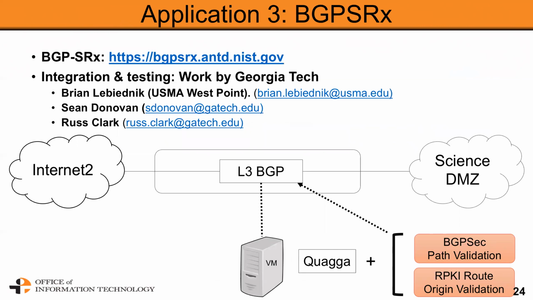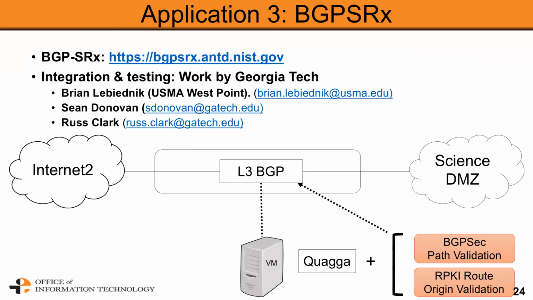All of this is open source, and you can just download it. When I saw this, I thought it was really cool because the software-defined border router we're running is also running Quagga. Maybe we can just run this so that we instantly have BGPsec path validation and RPKI route origin validation, which we should all try to have.